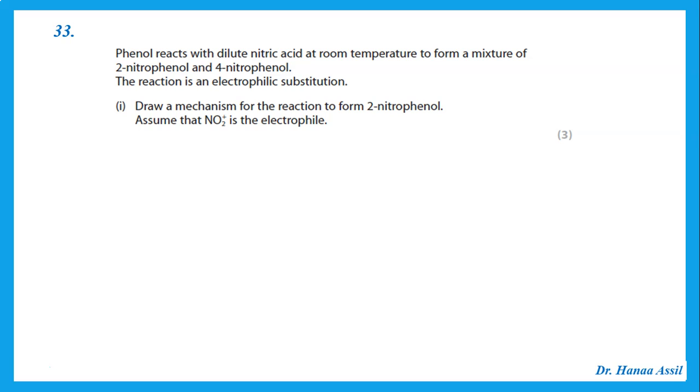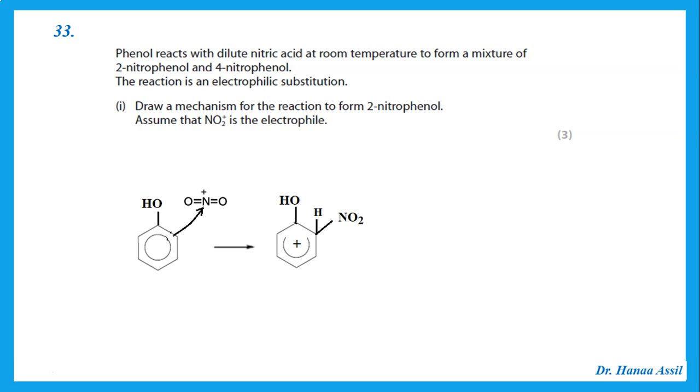Phenol reacts with dilute nitric acid at room temperature to form a mixture of 2-nitrophenol and 4-nitrophenol. The reaction is an electrophilic substitution. Again, if we say draw a mechanism for the reaction to form 2-nitrophenol and assume that we already have the electrophile, NO2 plus is already done.